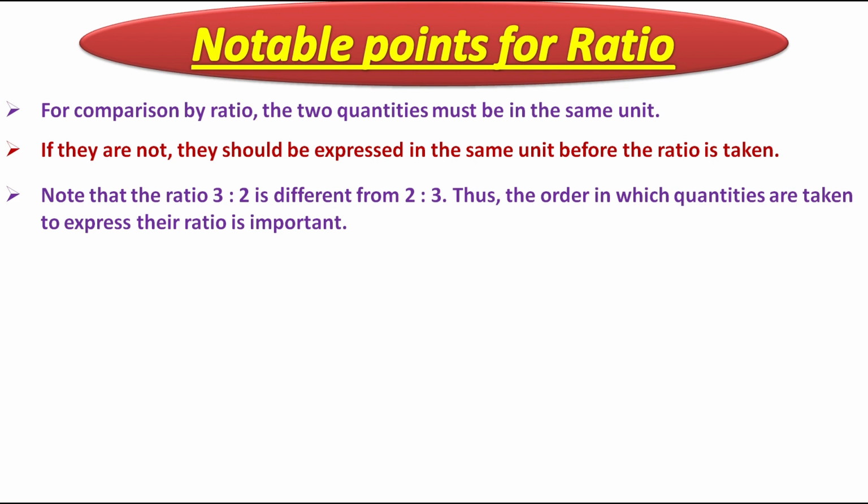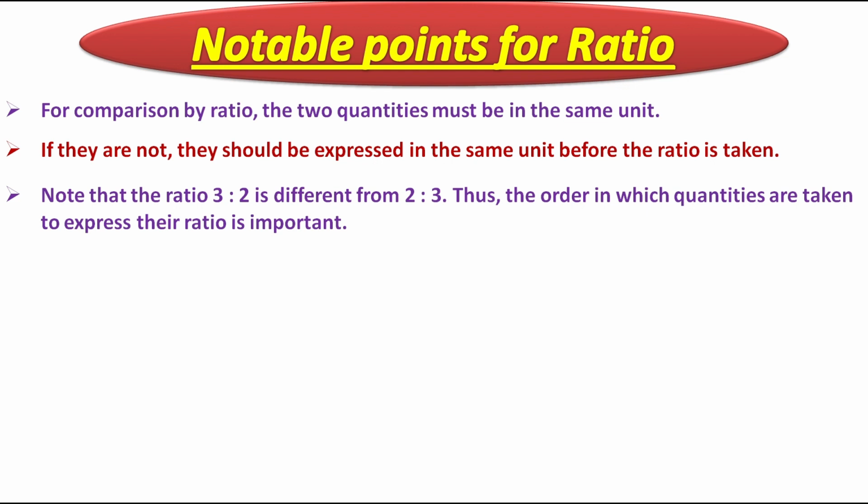In the previous example I told you that we compared the cost of mango is to the cost of apple. So the answer we got was 25 is to 5. If I had said cost of an apple is to cost of a mango, then the ratio would be 5 is to 25.